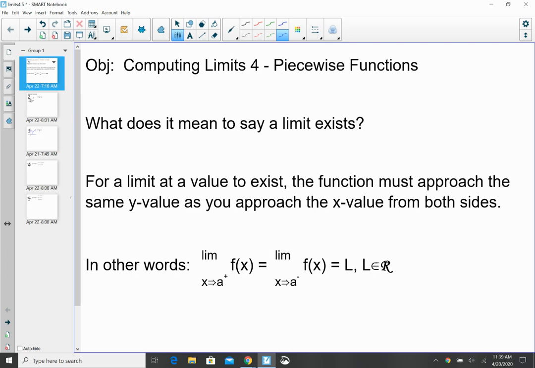Now, this little symbol here, I'm starting to show you some of the math symbols that we'll be using more and more. That is an epsilon, and it technically means belongs to. That's a G. So that's what that is. And that fancy R is the best I could do for real numbers.